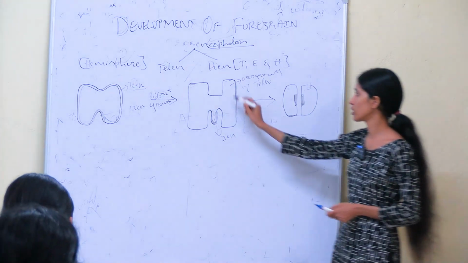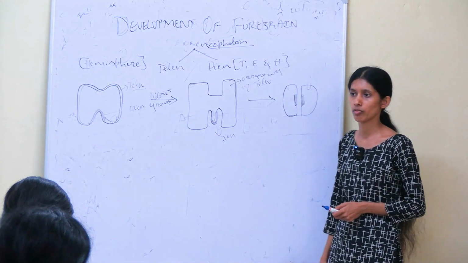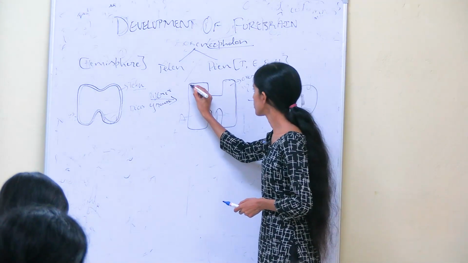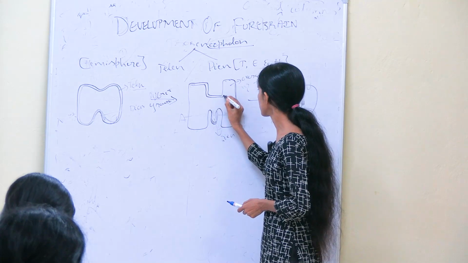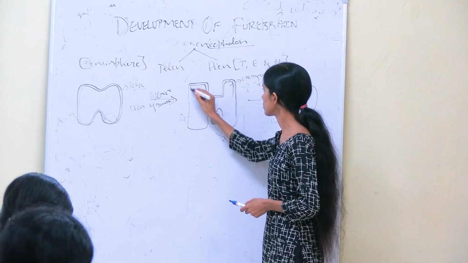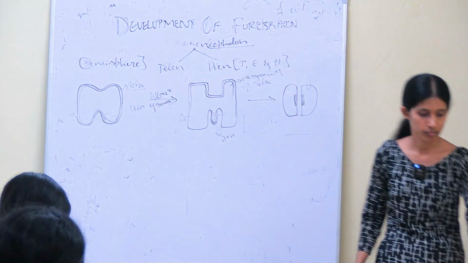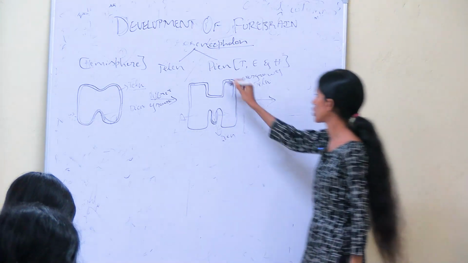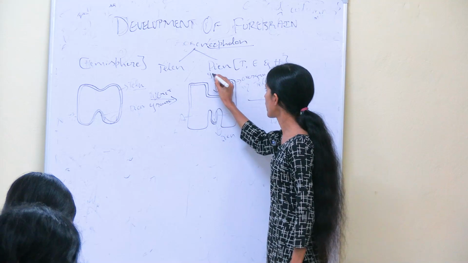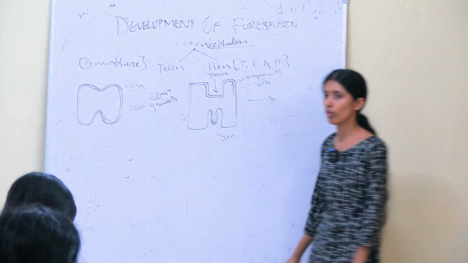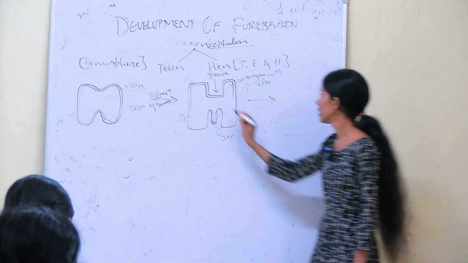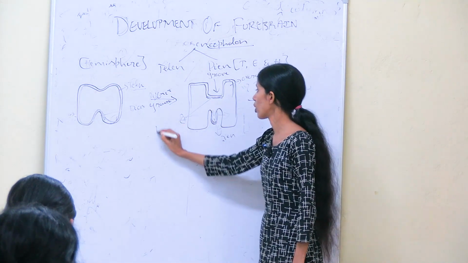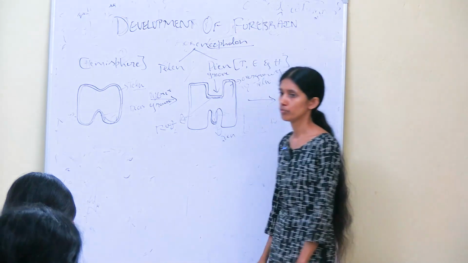Now we will see what changes happen in your telencephalon and also in your diencephalon parts, okay? Whatever structure you are seeing here is called the groove of your telencephalon part, and this area is called the roof part, okay?